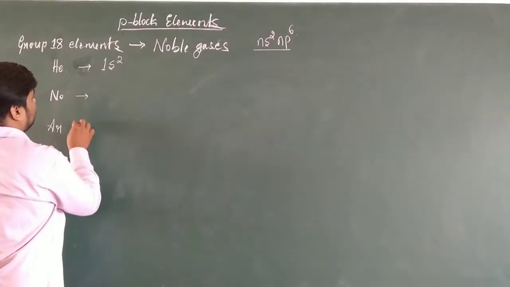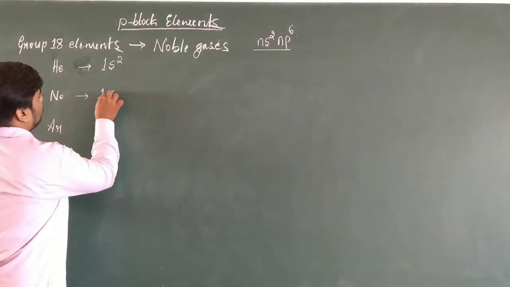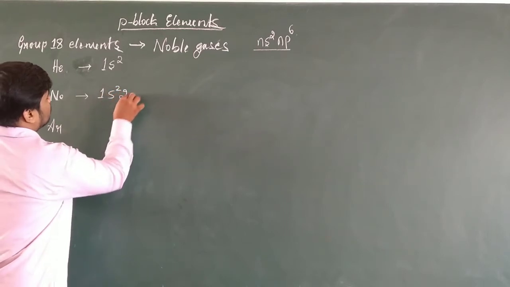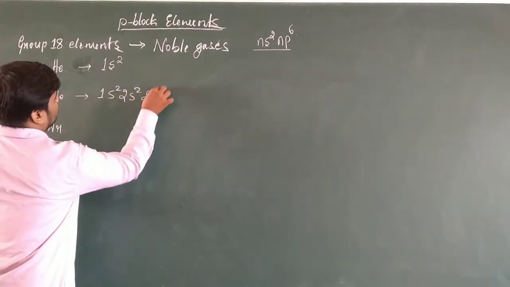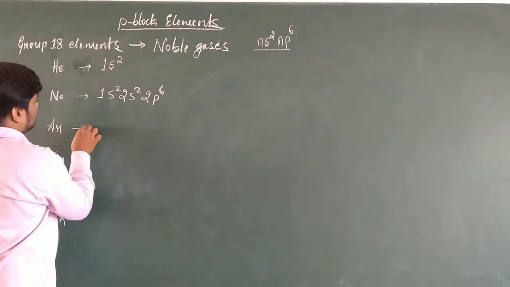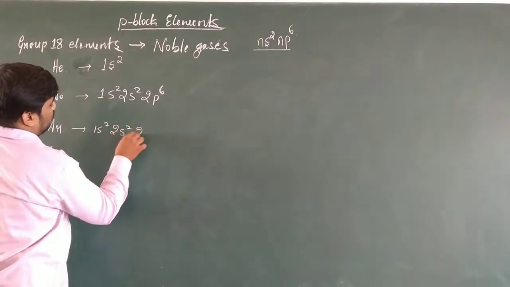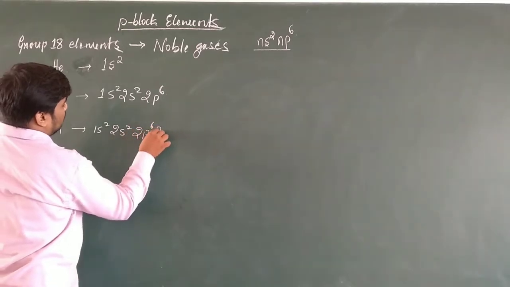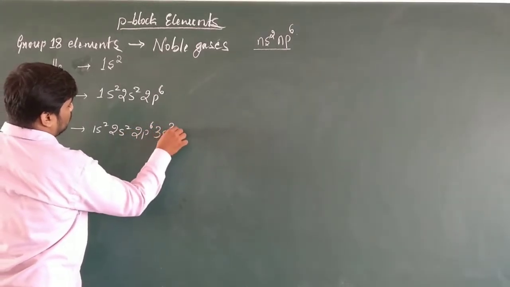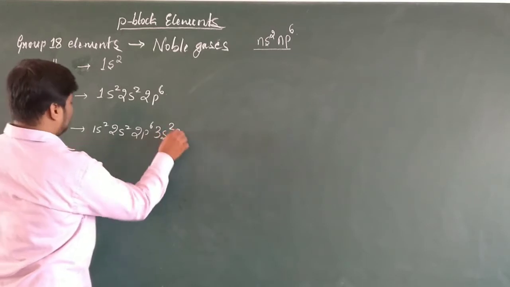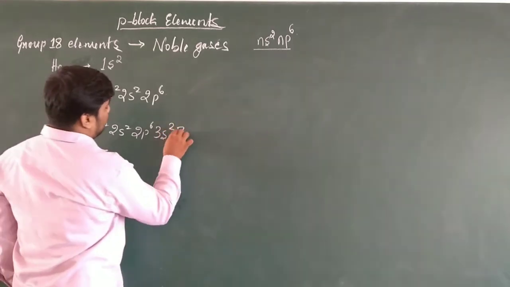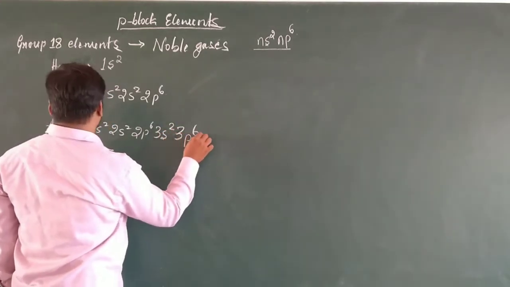Next, neon is 10. Because of that, 1s2, 2s2, 2p6. Next, 1s2, 2s2, 2p6, 3s2. Okay, next 3p6.